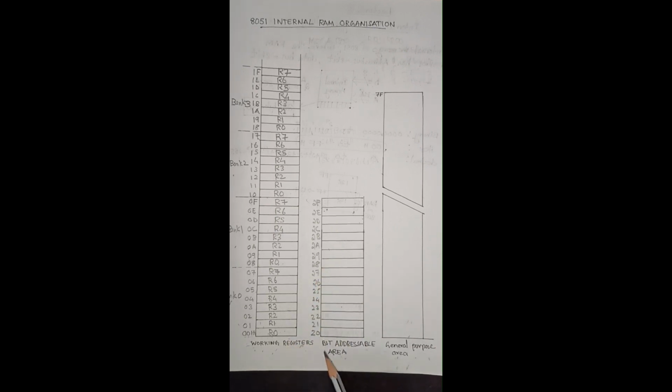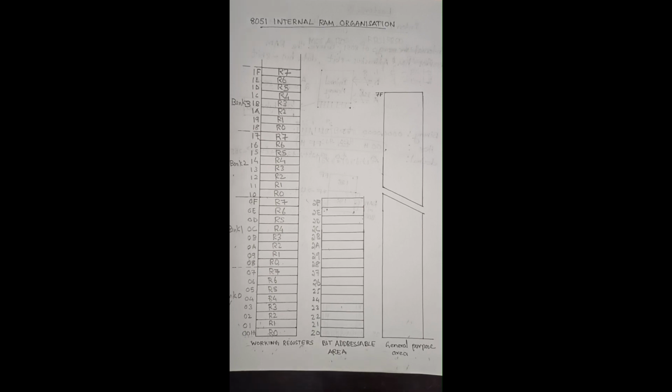So we can refer to this house using this address, and we can also refer to each person in that house using their addresses. So we are giving each bit an address. That's why it is called bit addressable area.